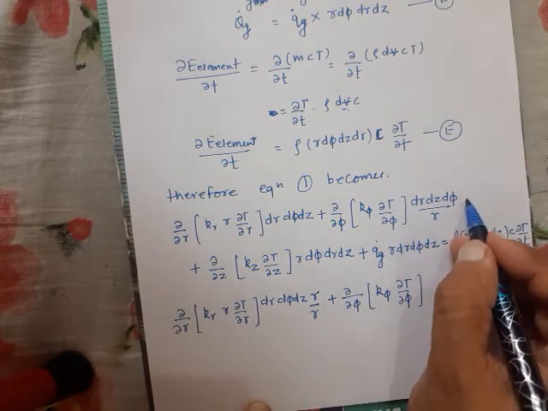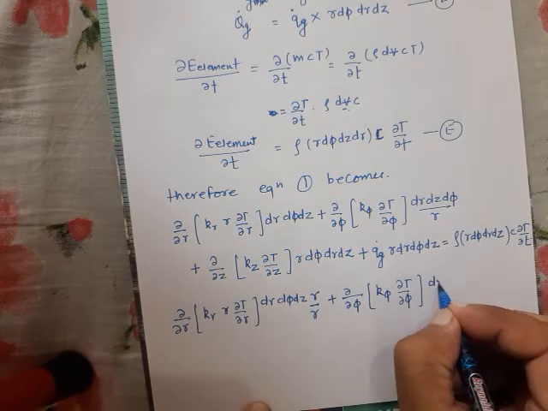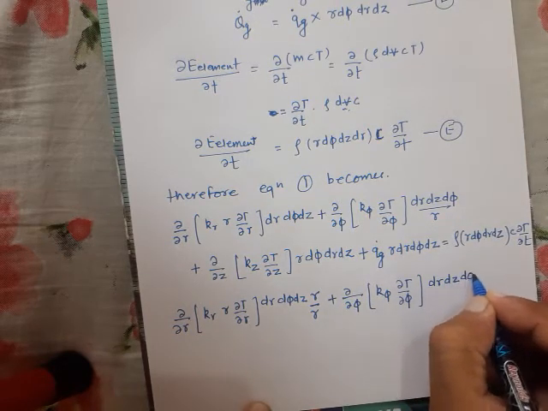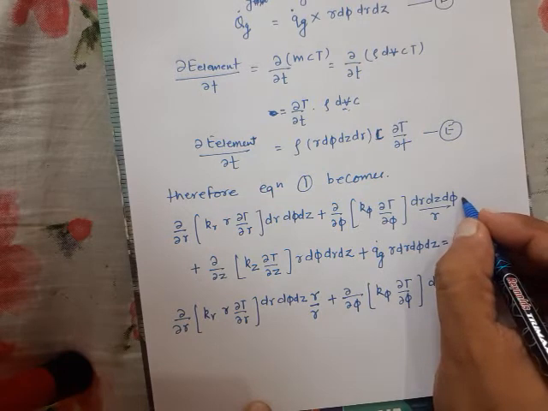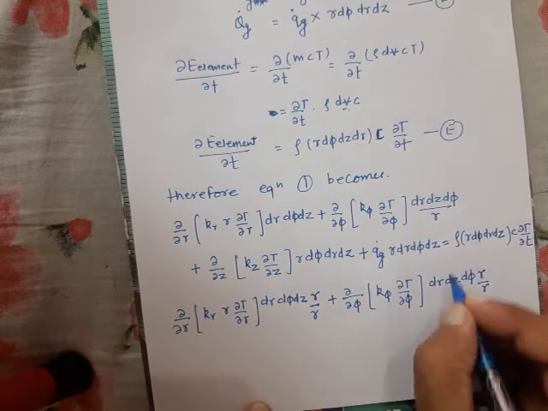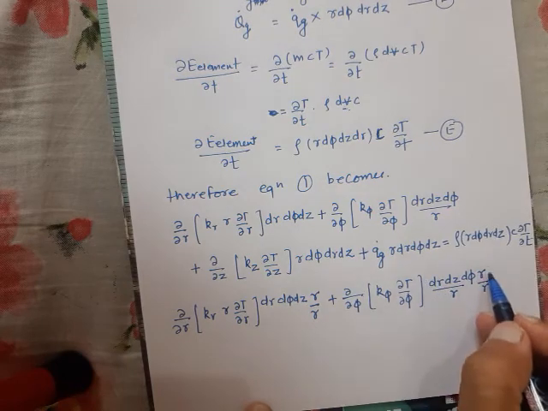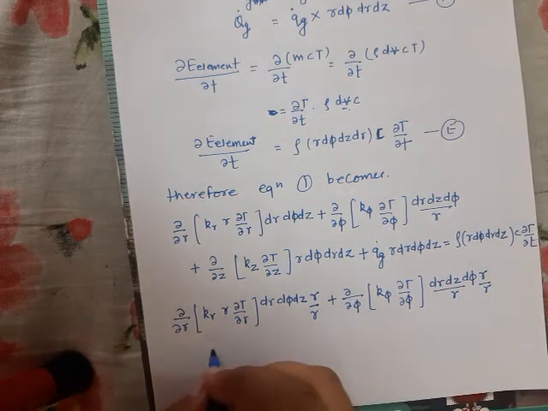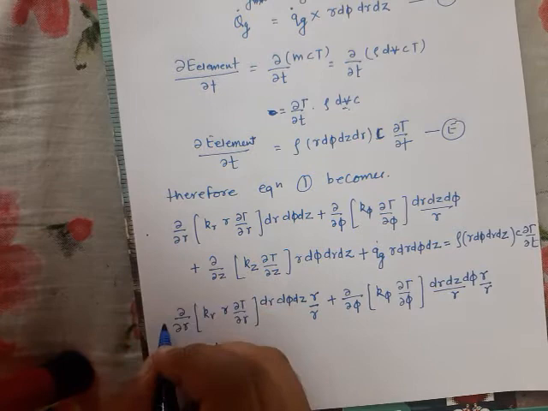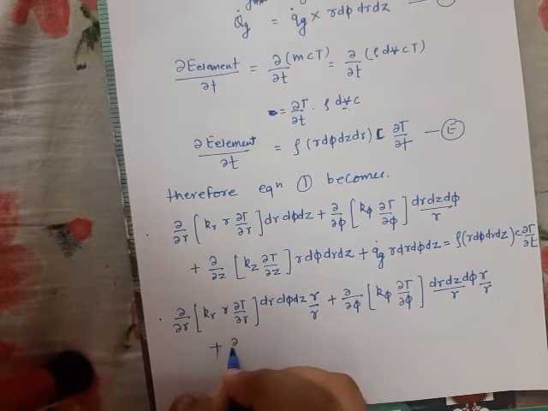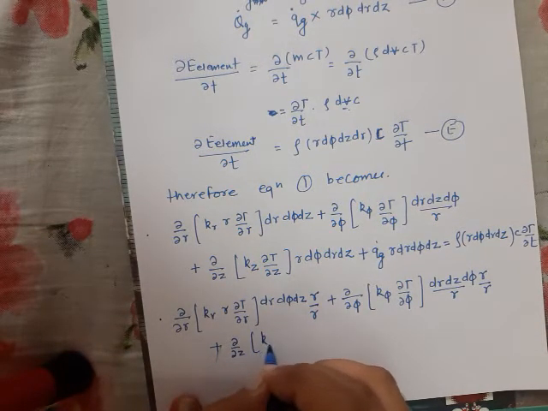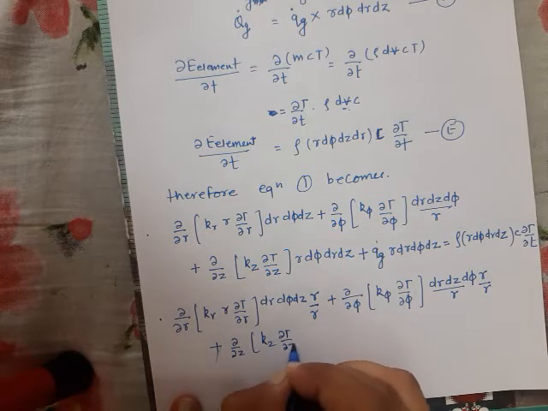Again I am dividing and multiplying by R, so one R is already there, so that this term becomes volume. Plus del upon del z, kz del T upon del z.